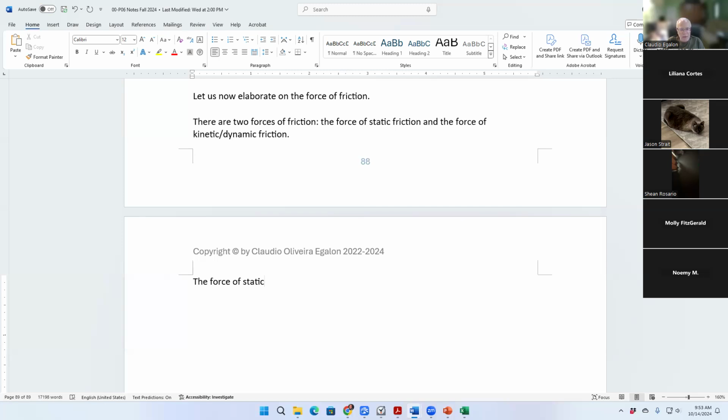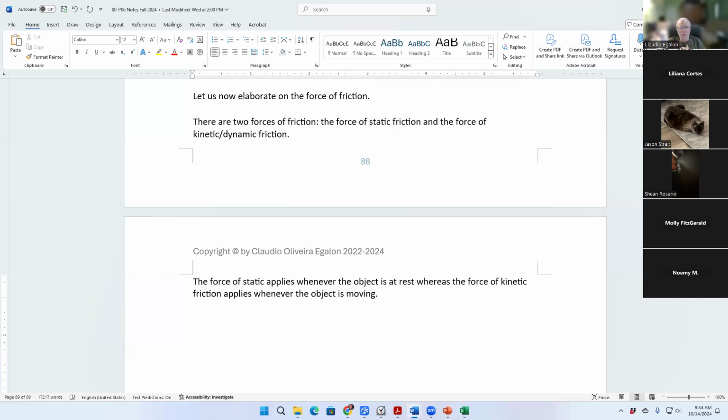The force of static friction applies whenever the object is at rest, whereas the force of kinetic friction applies whenever the object is moving, either with constant velocity or with acceleration.